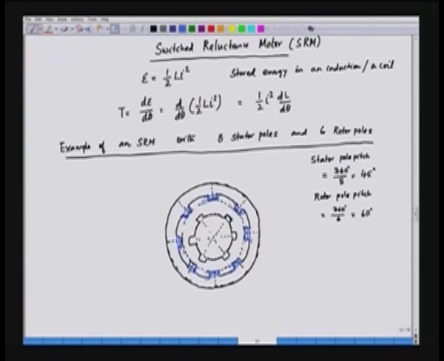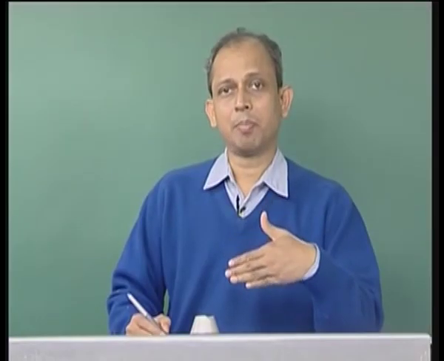So, the stator carries windings. Suppose this is phase A, we can call the diagonally opposite one A prime. Similarly, if this is B, the diagonal opposite is B prime, and if this is C, this could be C prime, this is D and this could be D prime. So, in this case we have 4 phases, and the phases are A, B, C and D.